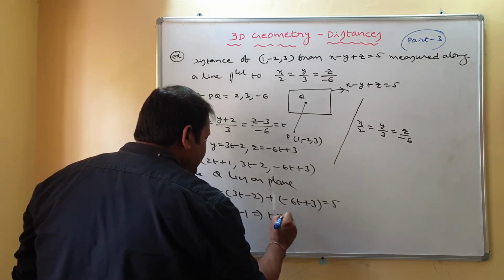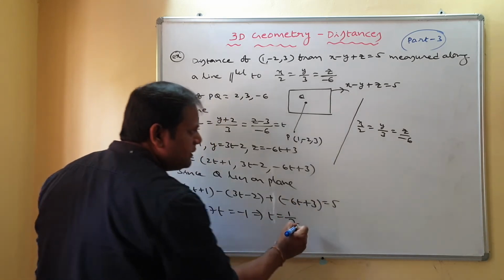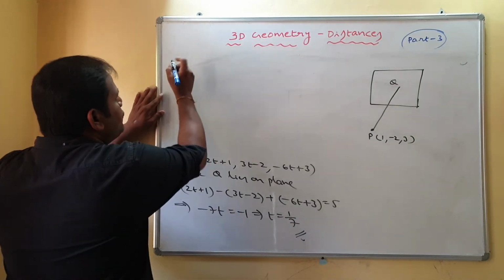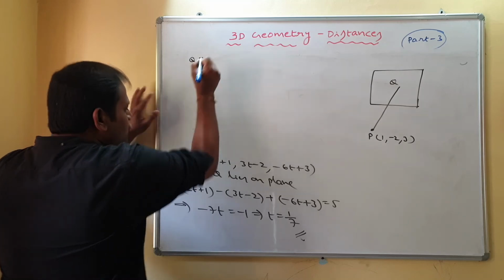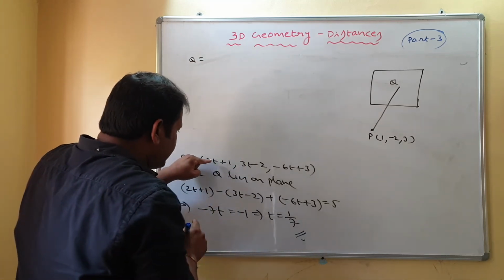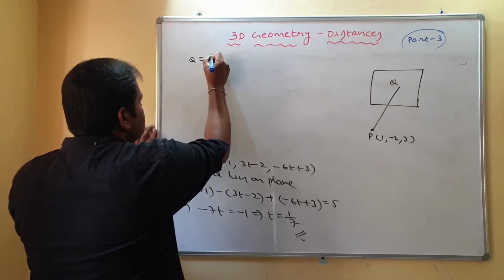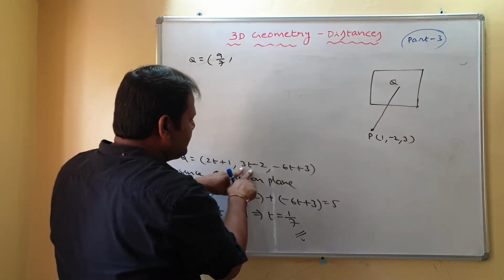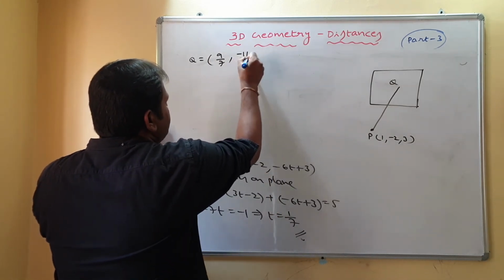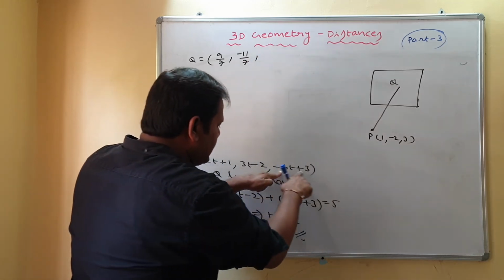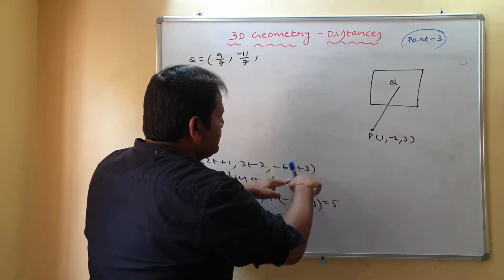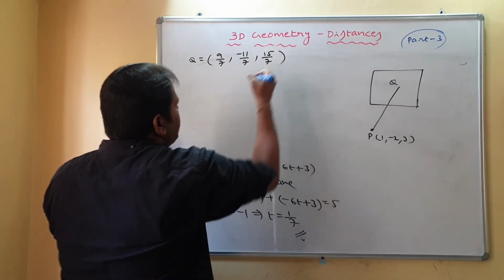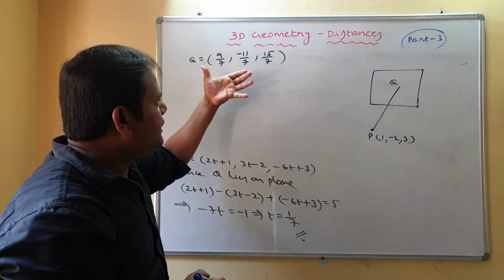So we got t equal to 1 by 7. Now you put the t value in Q. Then you get 2 by 7 plus 1, so it becomes 9 by 7. Here it becomes 3 by 7 minus 2, so it is minus 11 by 7. And here minus 6 by 7 plus 3, so it will be 15 by 7. So we got the point Q.